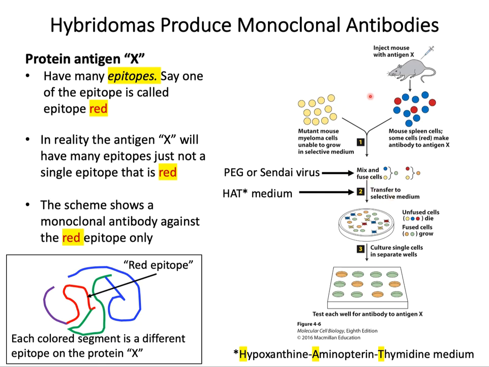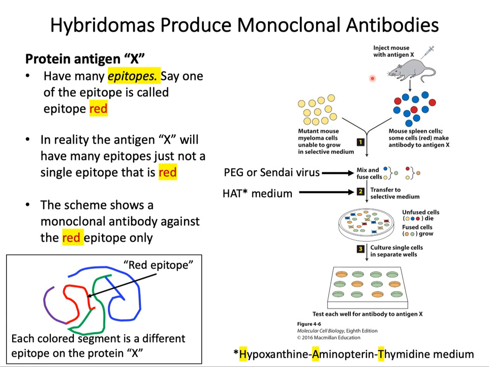The myeloma cells used in this method are unable to synthesize purines, the precursors of nucleotides needed to synthesize DNA, by the alternative pathway, as they lack the enzymes thymidine kinase, TK, or hypoxanthine guanine phosphoribosyl transferase, HGPRT.